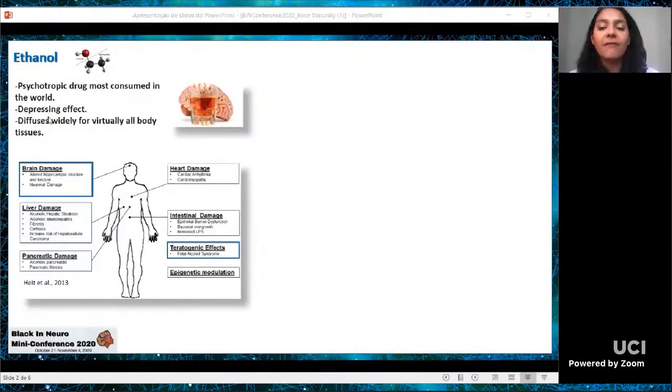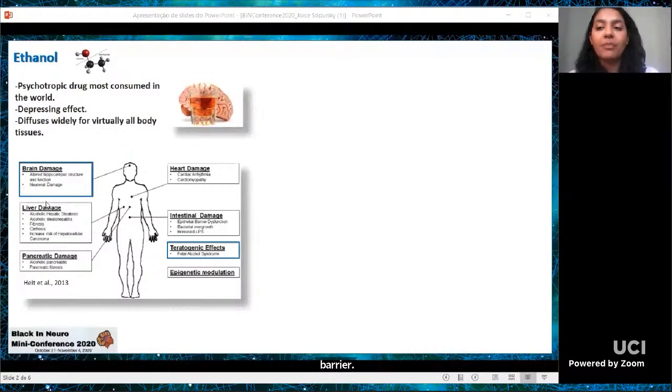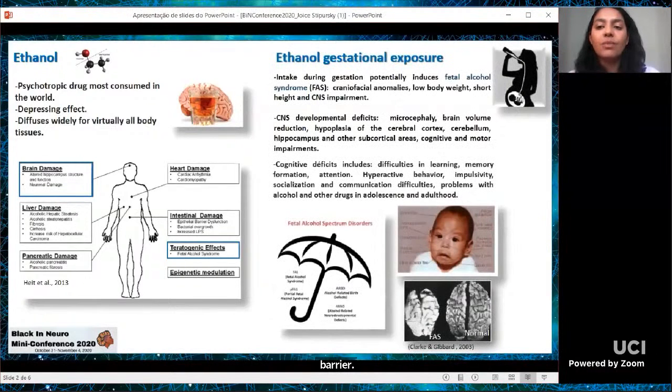It induces depressing effects and has no specific cellular target since it diffuses rapidly and widely to all body tissues. Chronic ethanol intake functionally impairs several organs and systems such as the CNS, and gestational exposure to ethanol induces body and CNS teratogenic effects, characterizing the fetal alcohol syndrome.